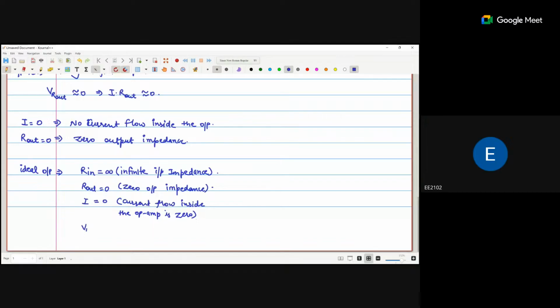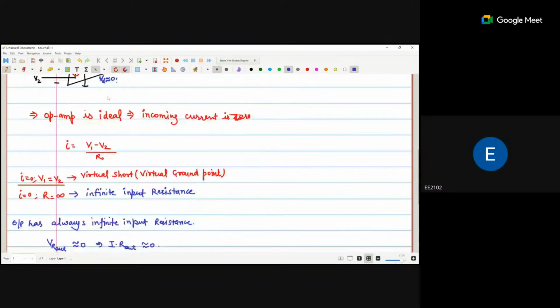V1 is equal to V2, virtual ground constant. Okay, understood?